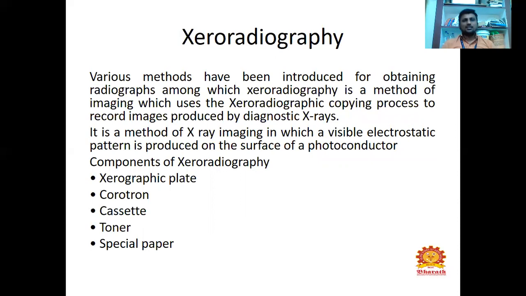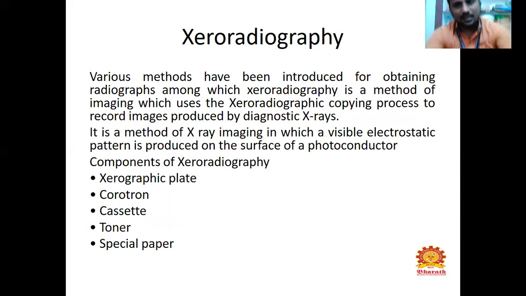Then the next method is X-ray radiography. Various methods have been introduced for obtaining radiographs. Among them is xeroradiography, which uses a radiographic copying process to record the image produced by the diagnostic X-rays.